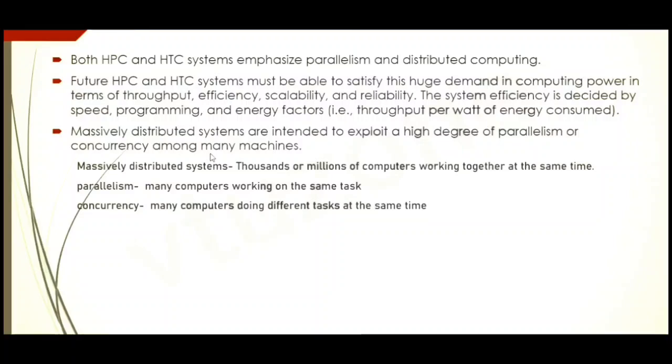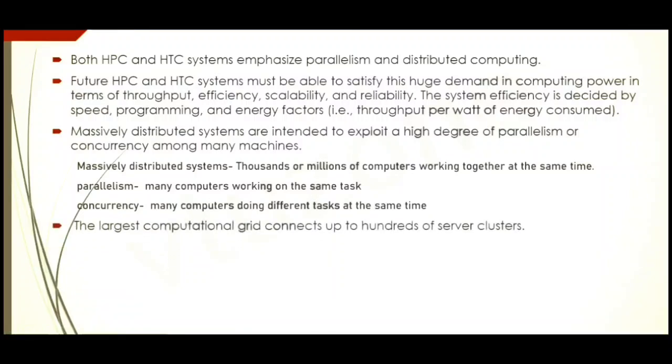Then concurrency is many computers working on different tasks at the same time. For example, Bitcoin mining uses thousands of computers to solve cryptographic puzzles, right? Then Google search uses many servers to handle millions of searches per second.